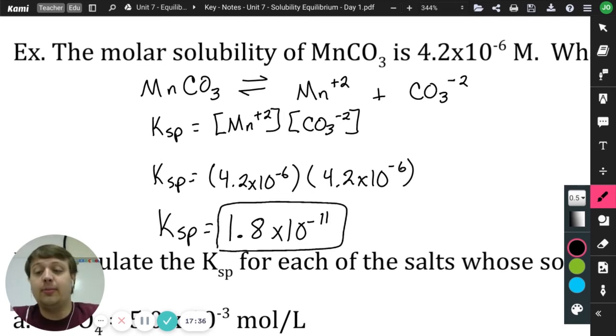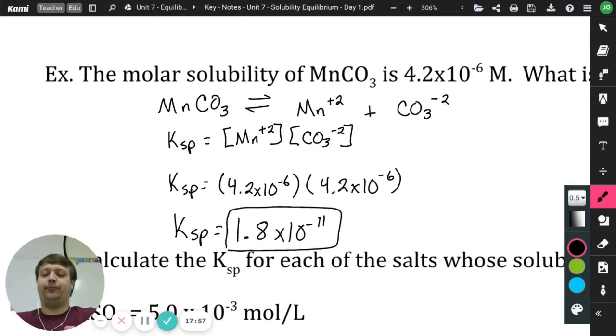I plugged in my numbers, and I just used the molar solubility that they gave us because the ratio is 1-to-1-to-1. And so I found that KSP equals 4.2 times 10 to the negative 6 times 4.2 times 10 to the negative 6. Plugged that into my calculator, and I got 1.8 times 10 to the negative 11. All right.